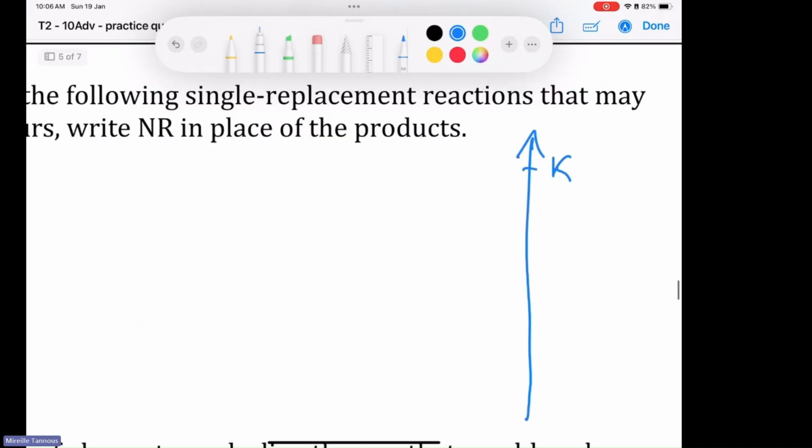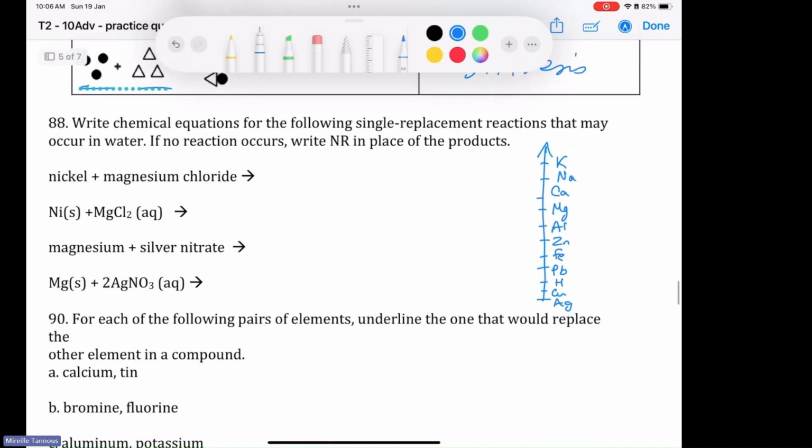So we have potassium, sodium, calcium, magnesium, aluminum, zinc, iron, lead, hydrogen, copper, and silver. So let's see. Nickel, magnesium chloride, which is given in form of a formula. Nickel and magnesium chloride. I don't have it in this list.